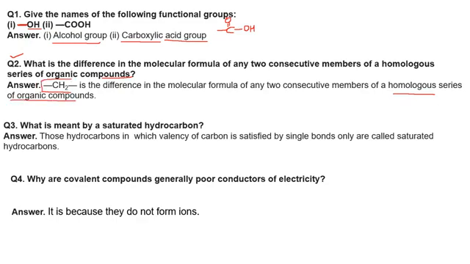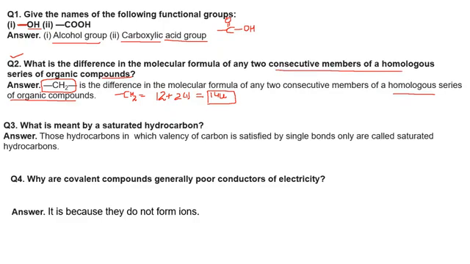But what about the molecular mass? What is the mass of carbon? 12, plus the mass of hydrogen, 1, so 2 into 1. So 12 plus 2 is 14 u. So the difference between the molecular mass of two consecutive members of a homologous series will be 14 u.